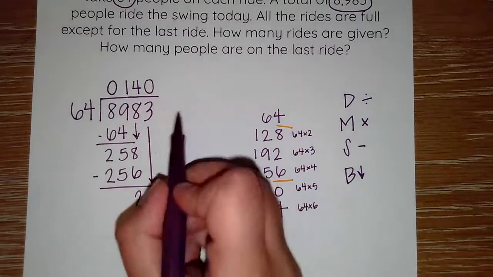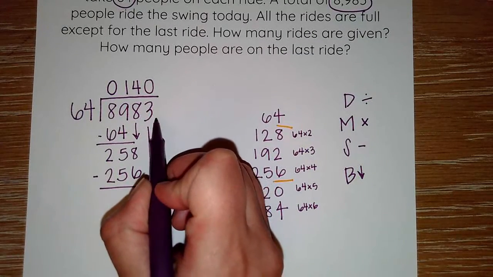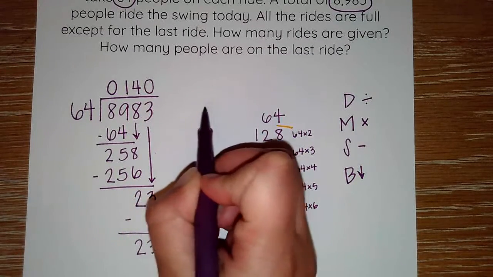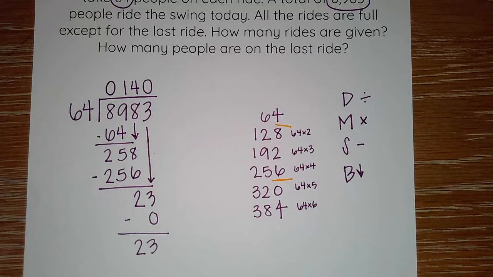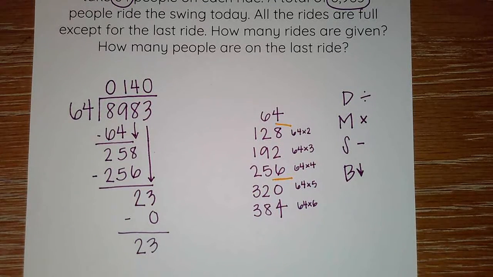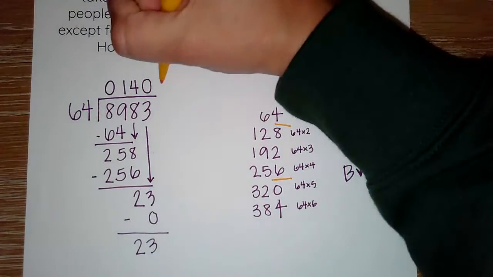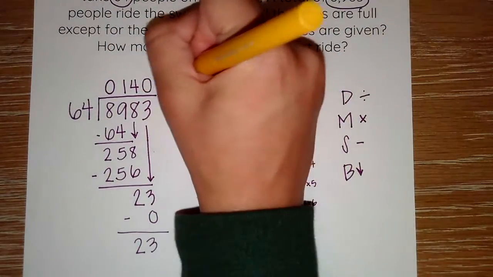Now, I have nothing left here. I could put a decimal here and add on zeros. At this time, I'm not going to do that. I'm going to leave it as it is. And I've got 23 left over. So if I were to write this as a fraction, this would be my whole number.